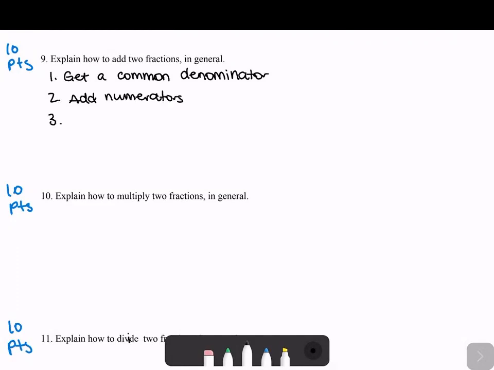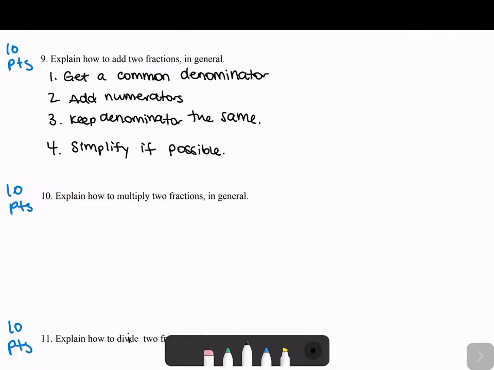The third thing is to keep the denominator the same. The fourth thing is simplify, right? The last step is always to simplify if possible.